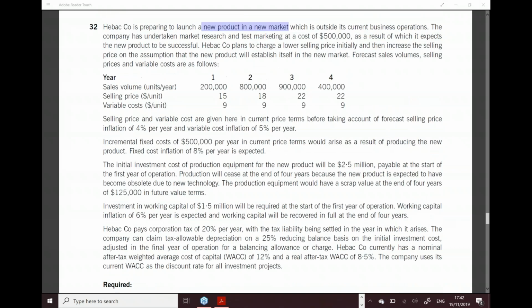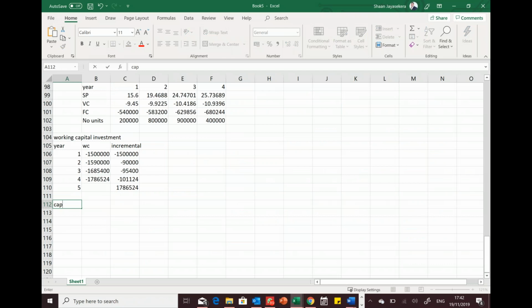So my capital allowance. To work out my capital allowance, I will have the year, the balance, a capital allowance and a tax shield.